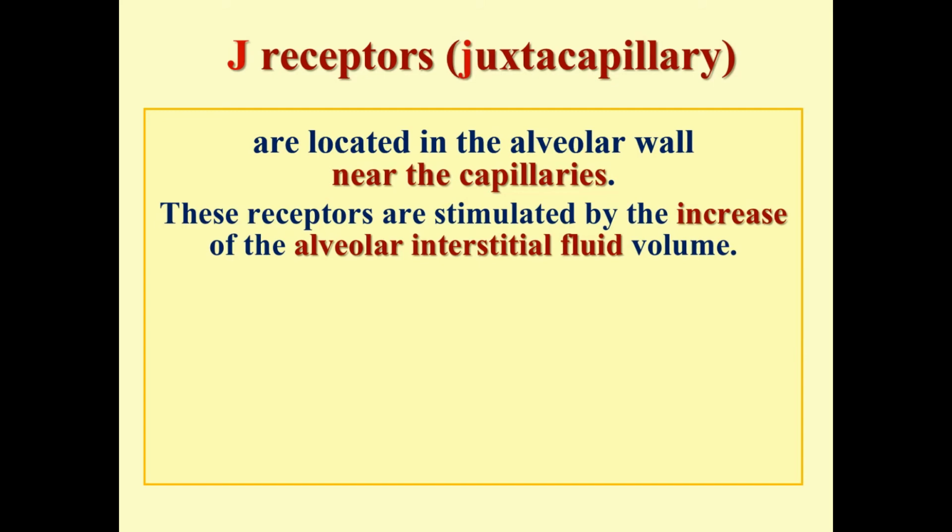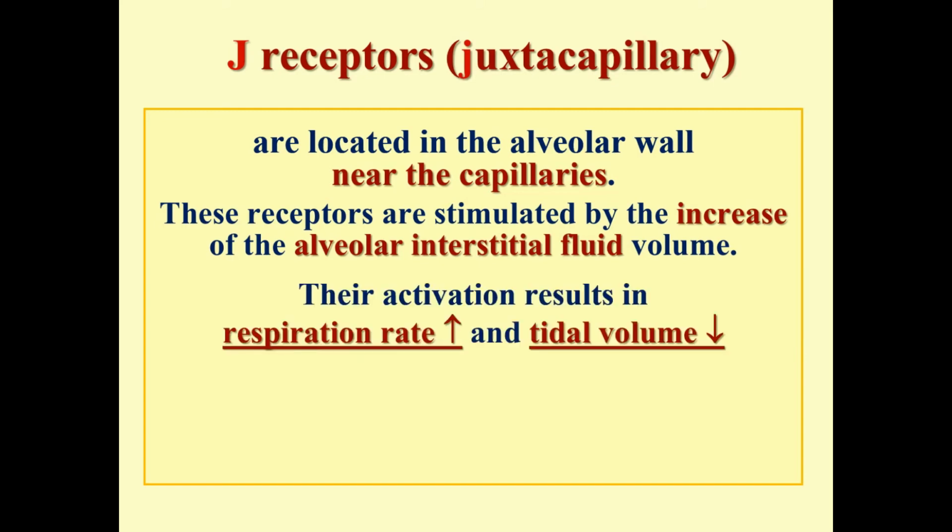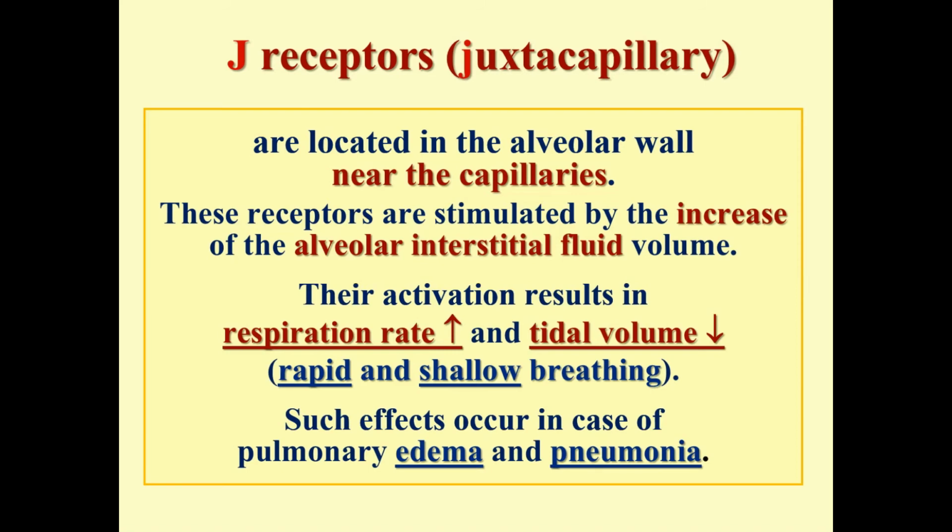But when there is an increase of the interstitial fluid volume in the lungs, it makes the respiration rate increase and tidal volume decrease. So the breathing becomes rapid and shallow. Such effects occur when the alveolar interstitial fluid volume increases, and this occurs in case of pulmonary edema and also in case of lung inflammation, pneumonia.